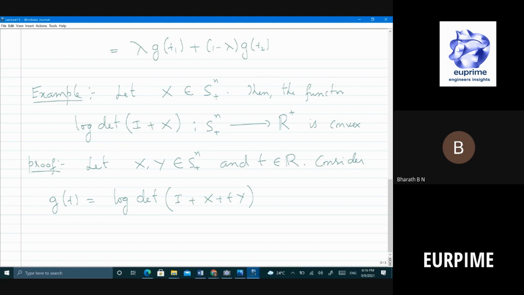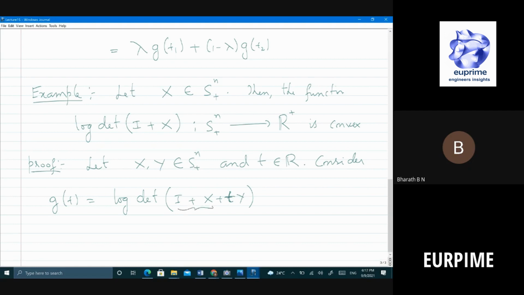Any idea how you prove this? What kind of manipulation will you do? Okay, let's try these things.